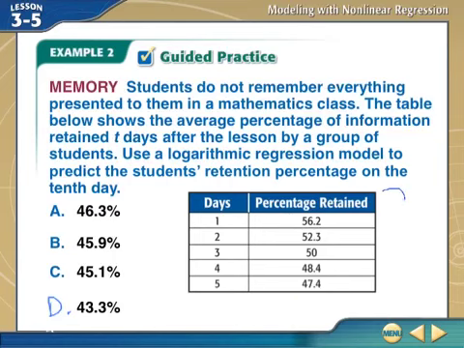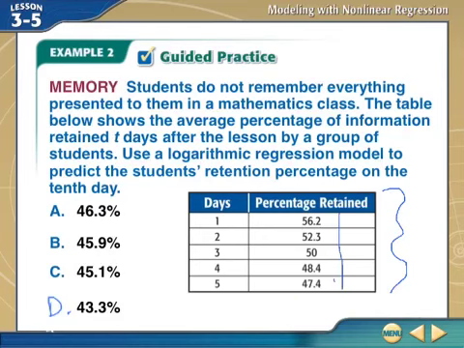In this table, you're given days and the percentage retained. So 1 day after the lesson, students would remember 56.2% of the lesson. In day 2, or 2 days after the lesson was presented, you would expect students to retain 52.3% of the information presented.